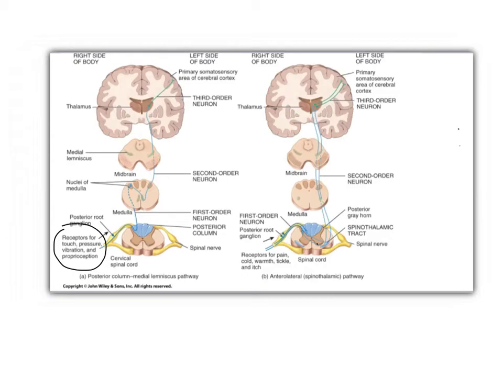So the basic function is this. From your external, whatever it is, so your hand, your foot, your stomach, you're going to have a nerve cell that's going to run to the central nervous system, and that's going to be the first order neuron. The first order neuron is going to be, they call it posterior root ganglion. So you might hear words like ganglion or ganglia and nuclei.